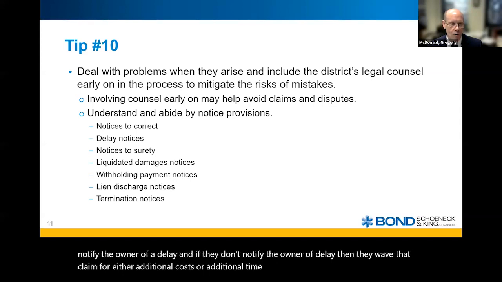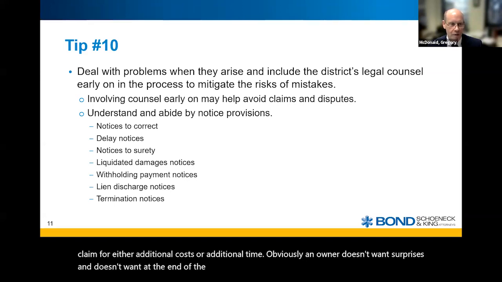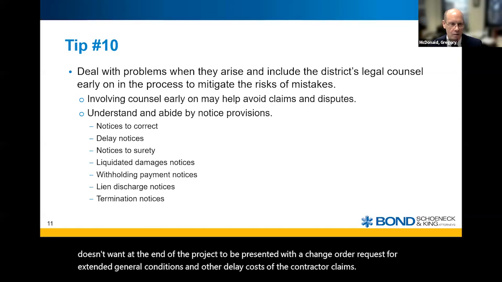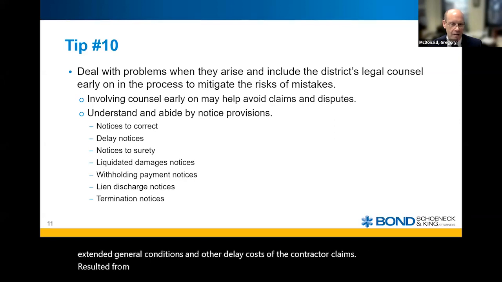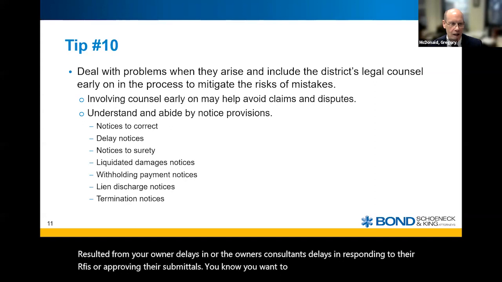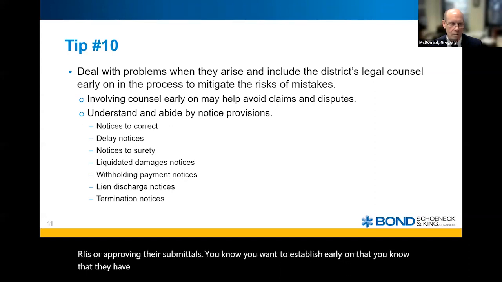Obviously an owner doesn't want surprises and doesn't want at the end of the project to be presented with a change order request for extended general conditions and other delay costs that the contractor claims resulted from your owner delays or the owner's consultant's delays in responding to their RFIs or approving their submittals. You want to establish early on that they have to meet these notice provisions so you can ameliorate or mitigate the issues that they've identified early on in the project instead of waiting till the end.